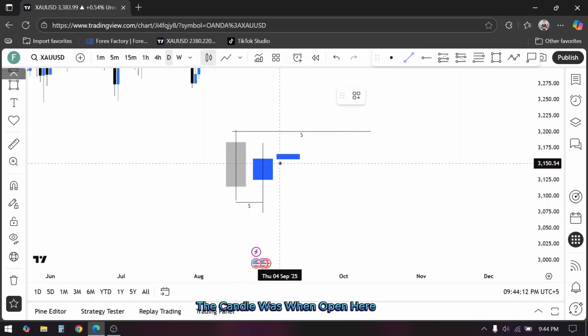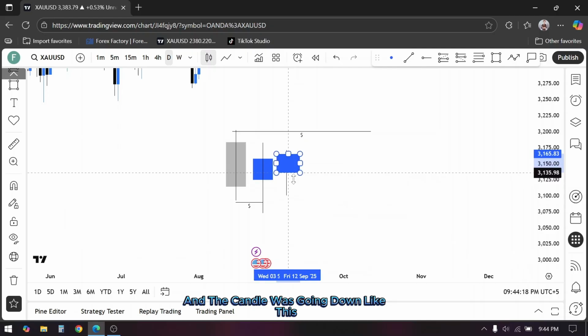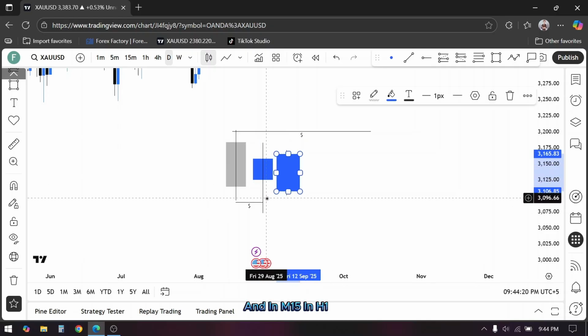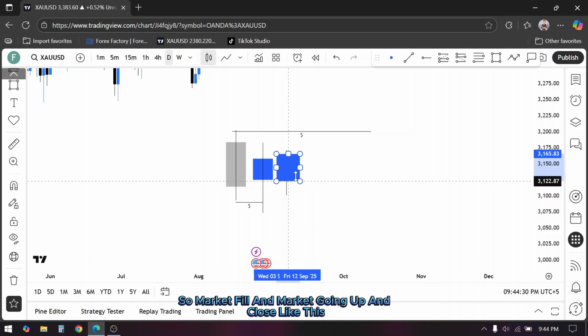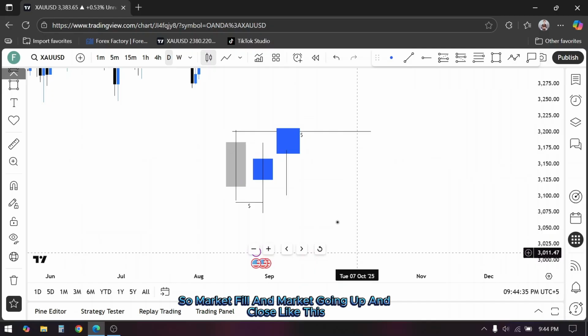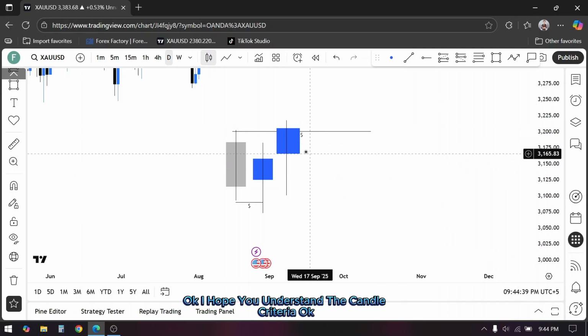Possibly the candle opened here and went down like this, and in M15, H1, M30, any fair value gap, any order block, the market fills and goes up and closes like this. I hope you understand the candle criteria.